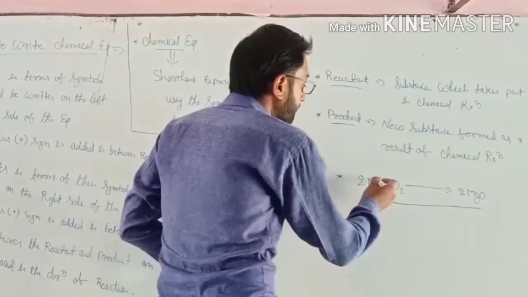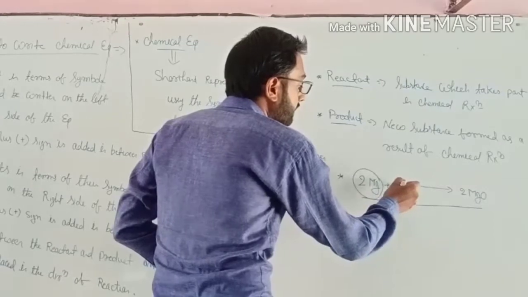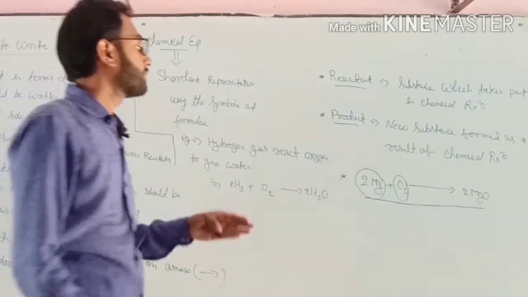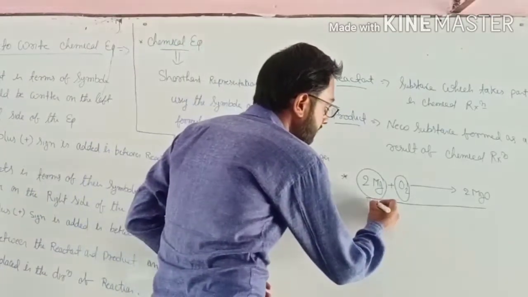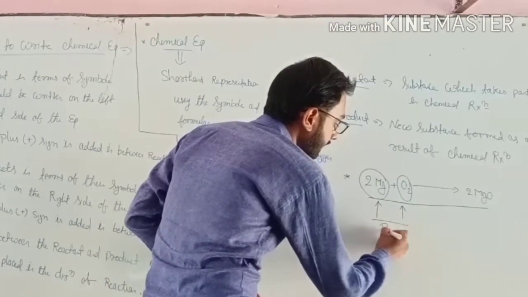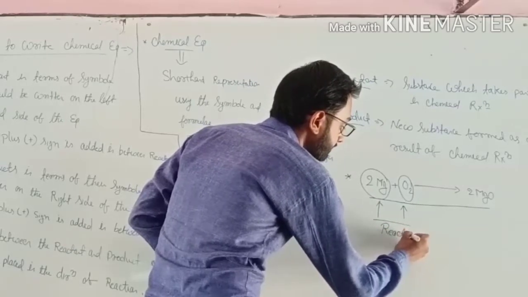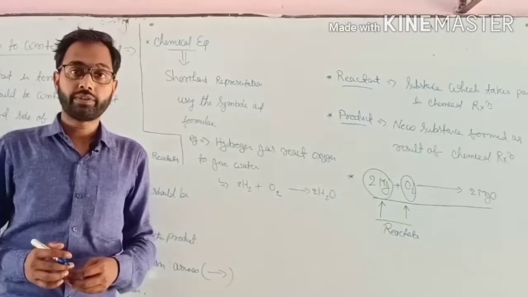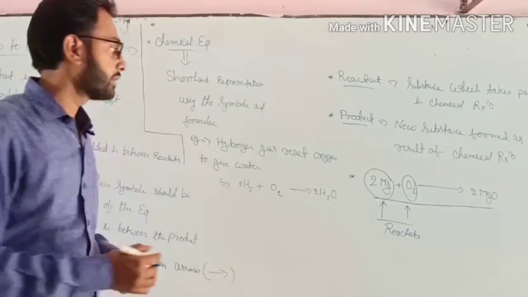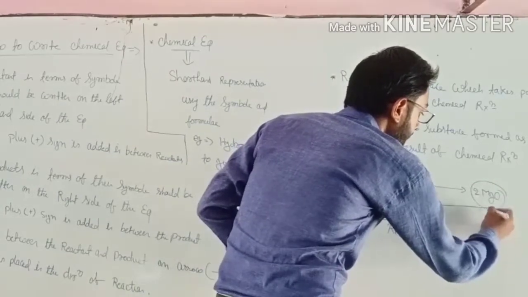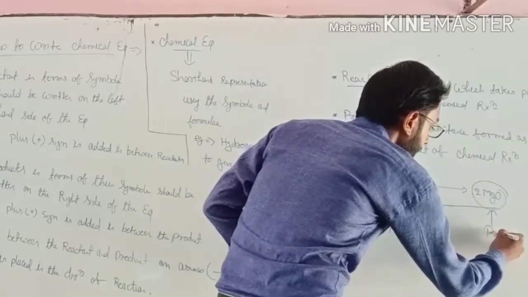The substances which take part in a chemical reaction are known as reactants. So here magnesium and oxygen both are reactants, and the substance which is the result of the chemical reaction is known as the product. So here magnesium oxide is the product.